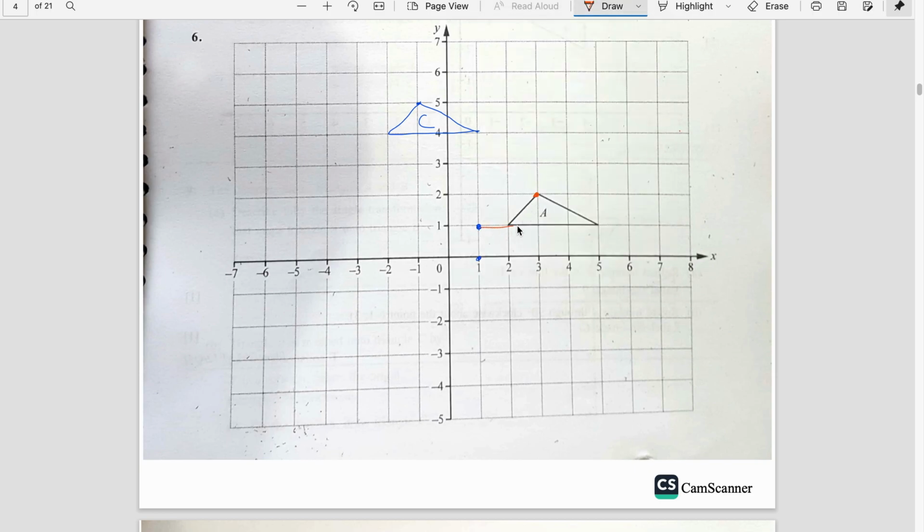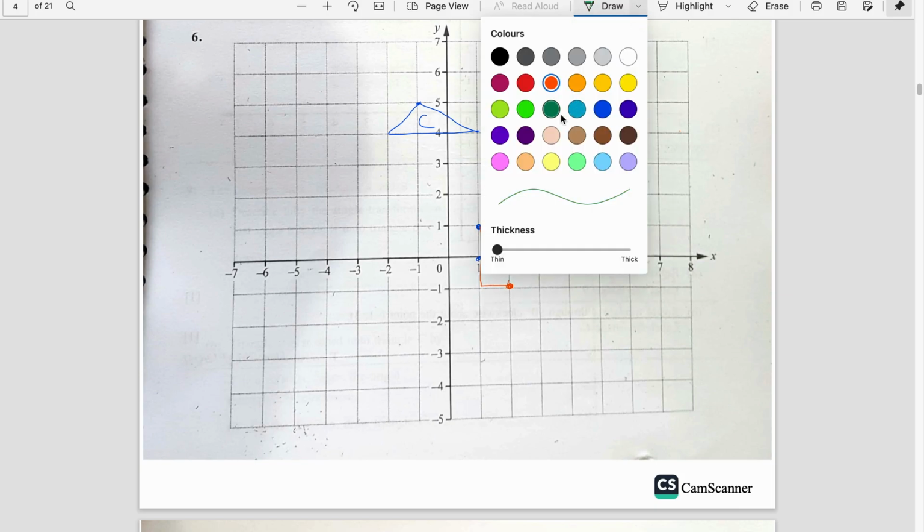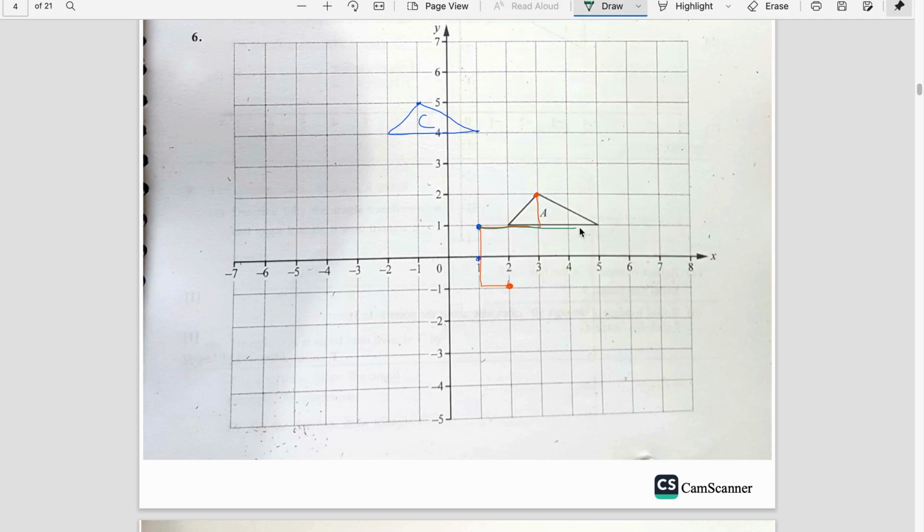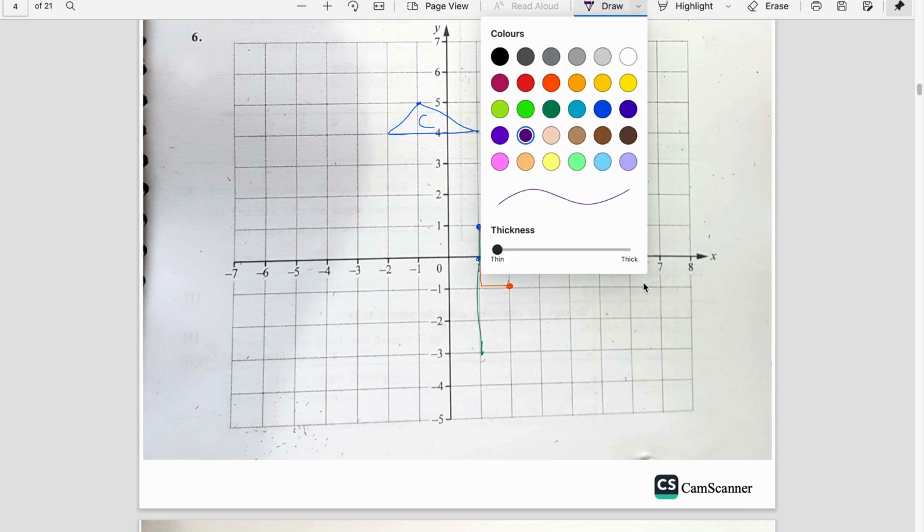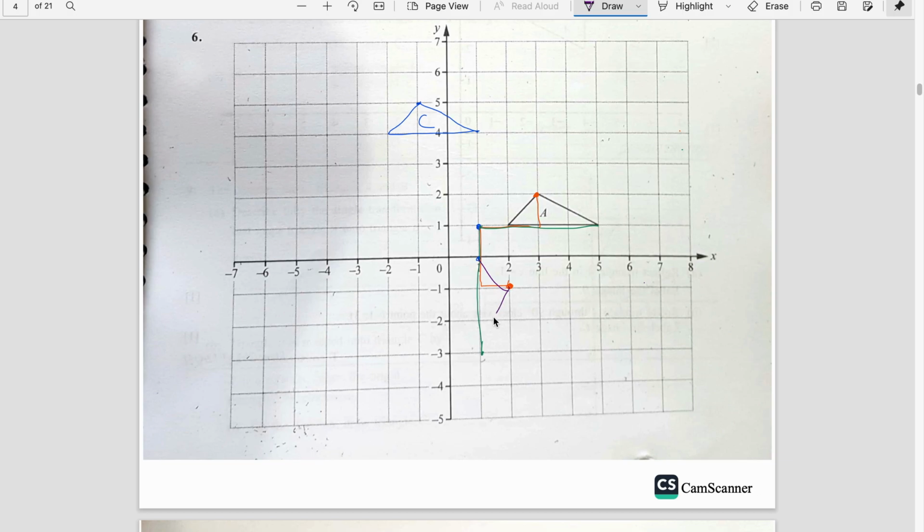Second, this point is 2, 1, so this lands here. Third point is 4 units to the right, so it becomes 4 units downwards, and your final answer is 90 degrees clockwise rotated about 1, 1.